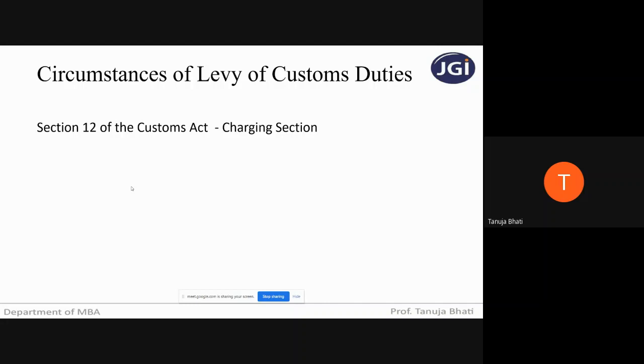It is the event where you are going to levy the customs duty, or the event where the taxability on the goods arises. The taxable event is not when the goods are still beyond the territorial waters. Only when they cross the territorial waters does the importation begin, up to when they reach the land of India. So the taxable event arises when the goods reach the customs barriers, that is the customs port.